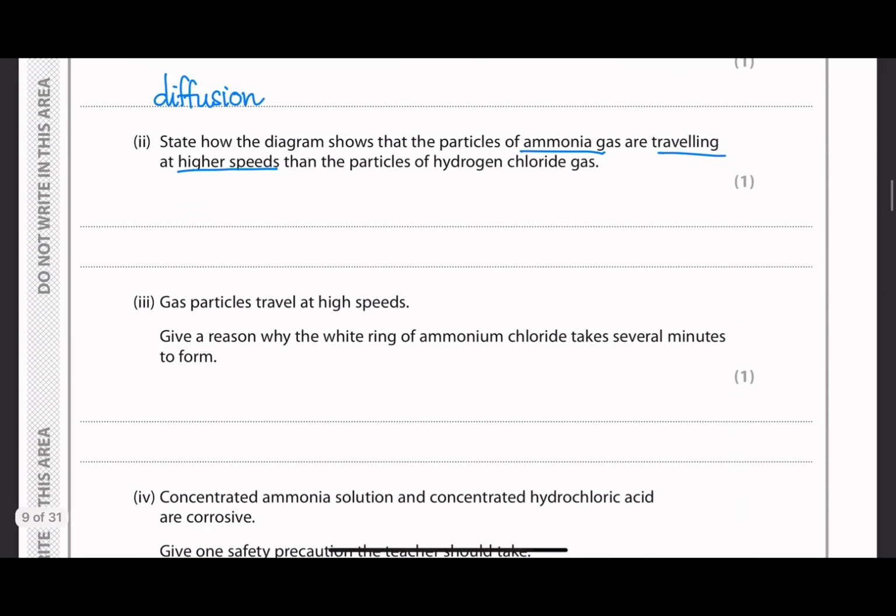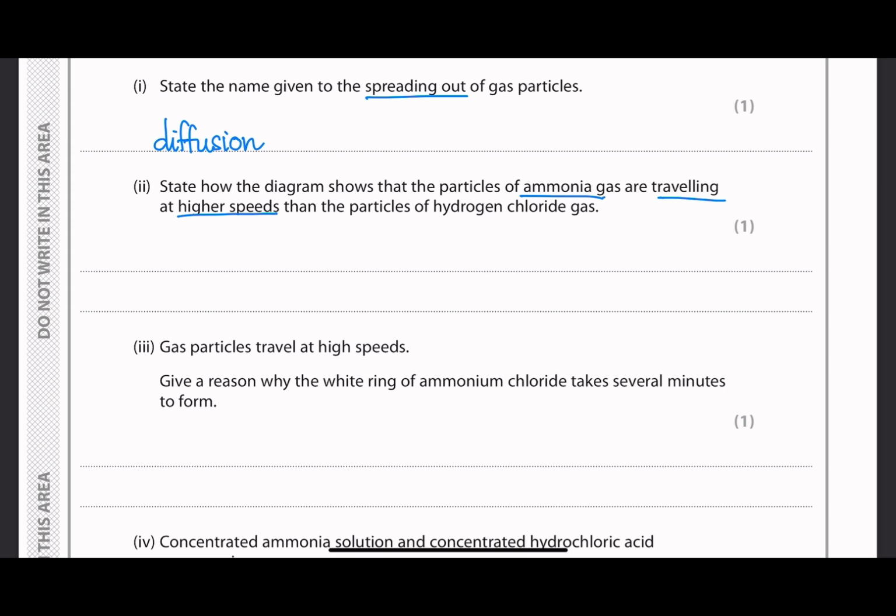So the reasoning for this answer is that the ammonium chloride is closer to the hydrochloric acid, and because they travel for the same duration, the ammonia gas particles travel a longer distance for the same duration, so they travel faster.